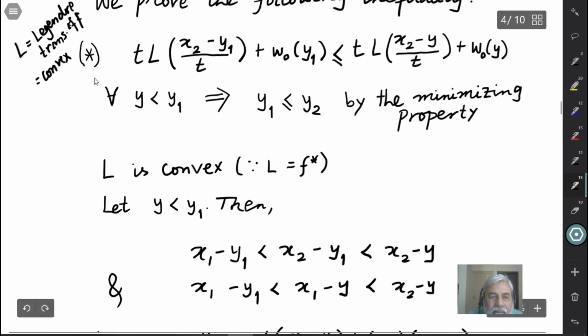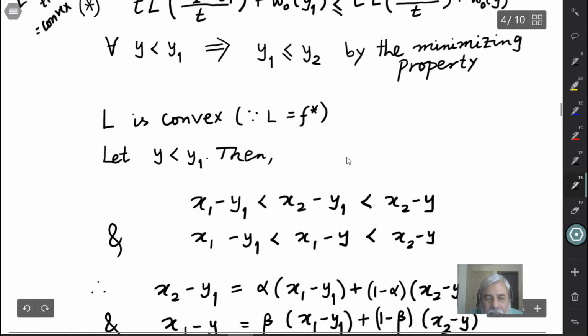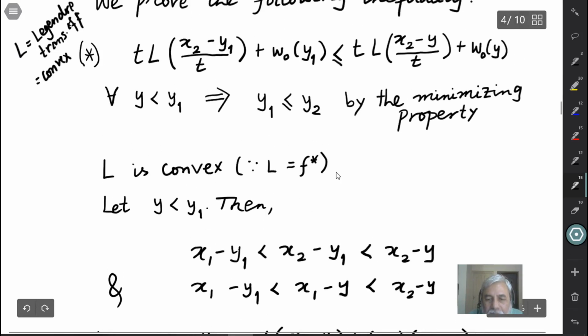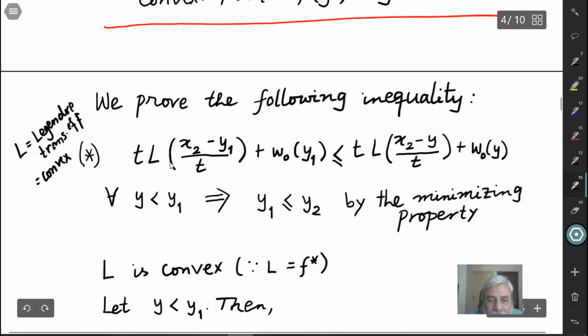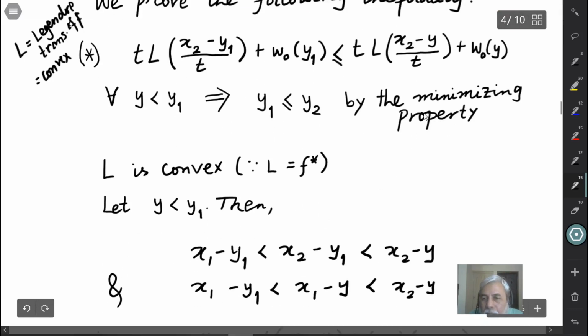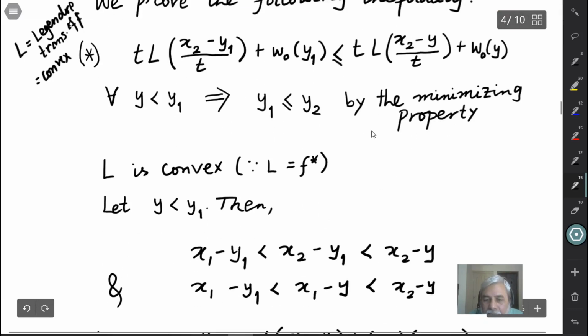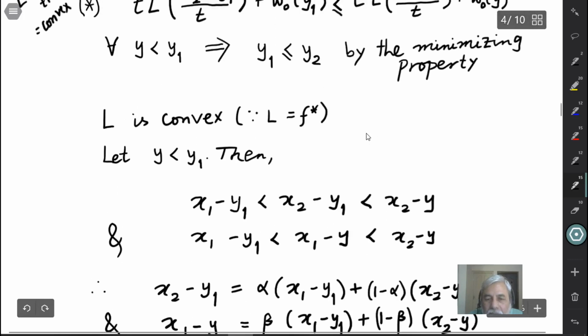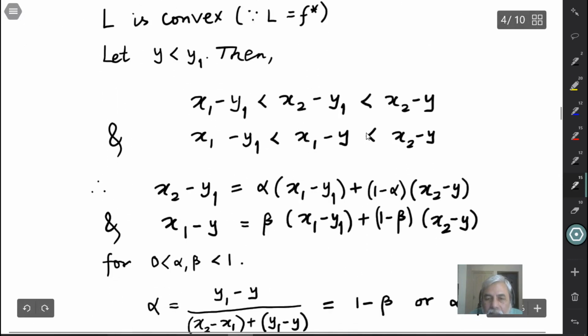Okay, so you take any y less than y1, then we have these simple inequalities. So x2 minus y1 sits in between x2 minus y and x1 minus y1. Okay, so this x2 minus y1 is the thing we want here, and x2 minus y is the thing we want on that right hand side.